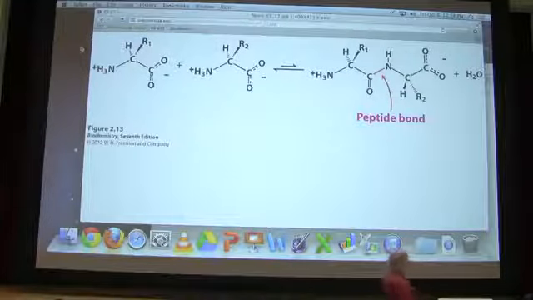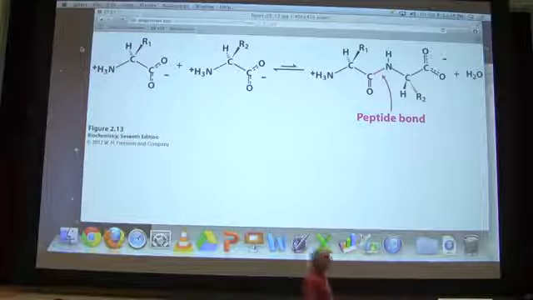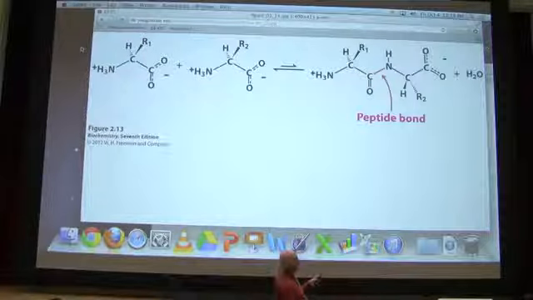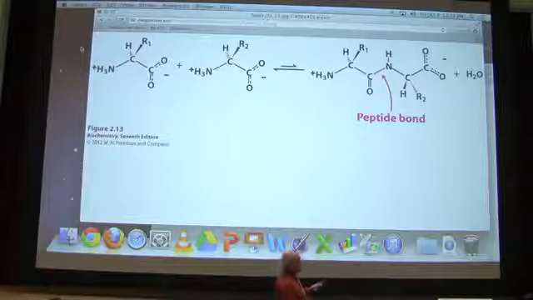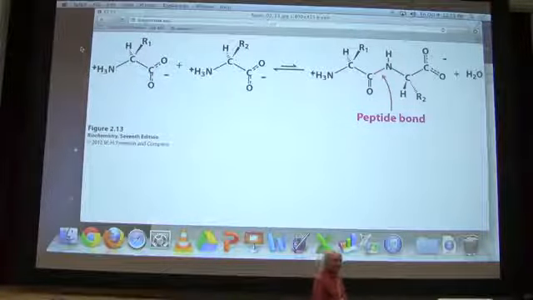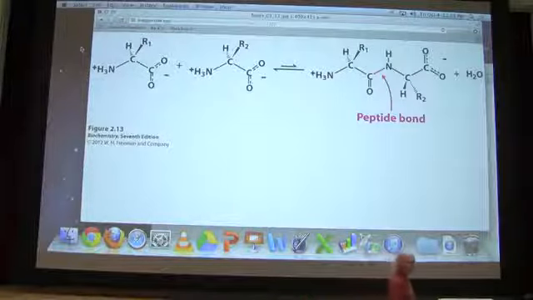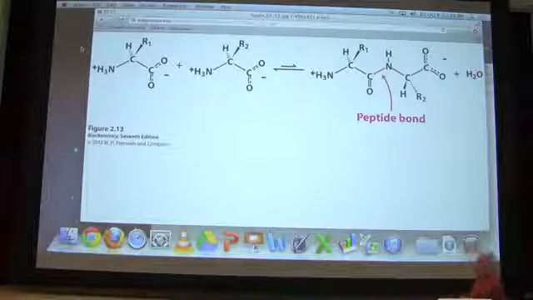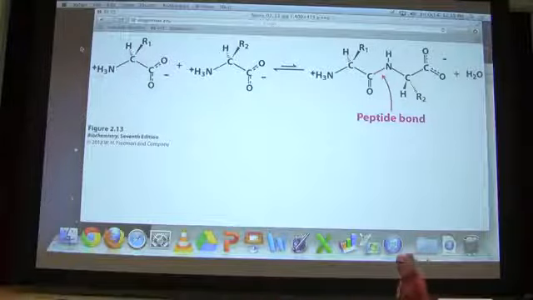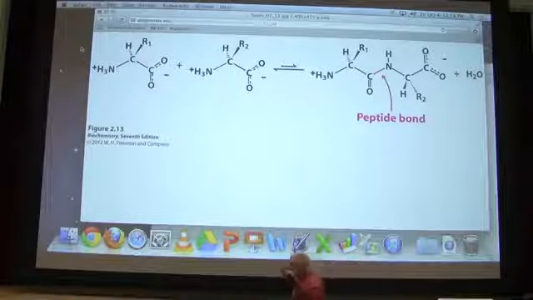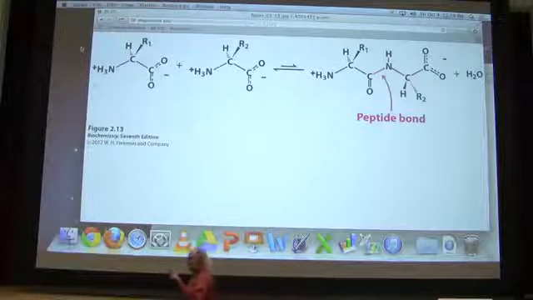One other thing I should point out. When the next amino acid is added, it will be added on this end, and this carboxyl will join to the next alpha amino group. That's very important, because when we look at a protein, we can always determine that it has two different ends.